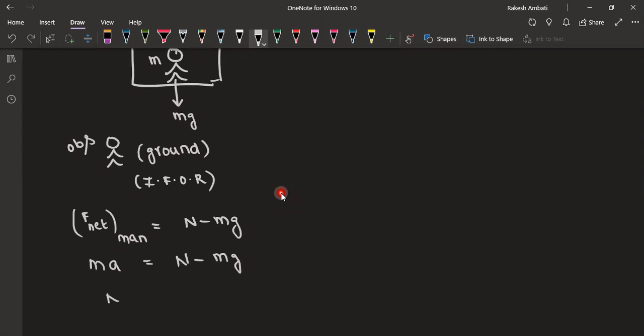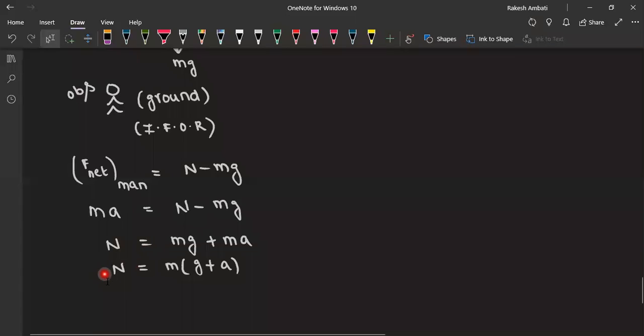From this equation, we get N equal to mg plus ma. That implies normal force equals m times (g plus a). I told you already, this normal force acting on the man is nothing but apparent weight. So the apparent weight of the man is m into (g plus a).